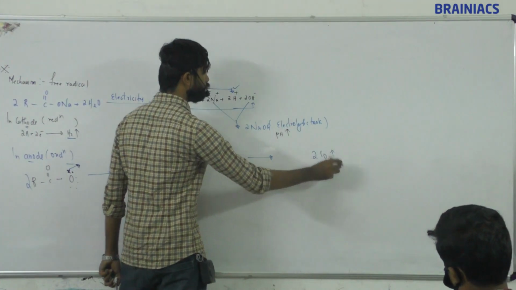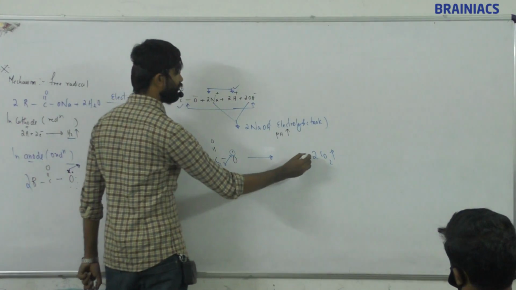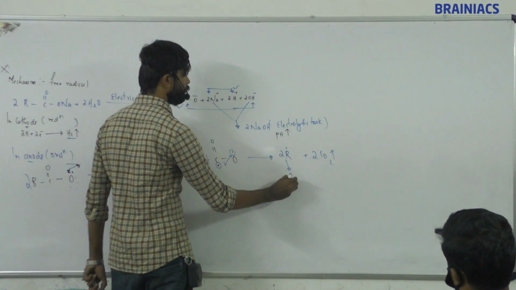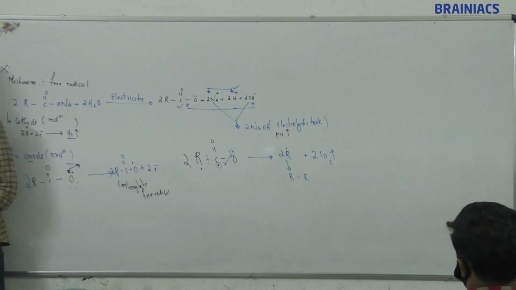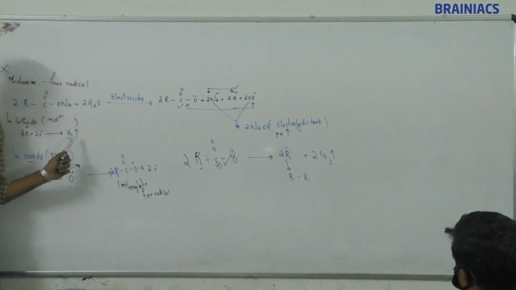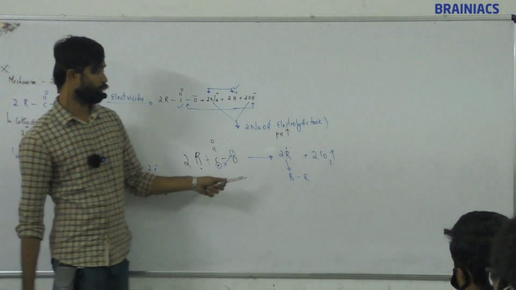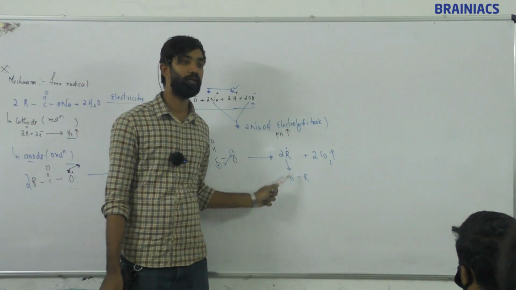How much CO2? 2 CO2. And here we have 2 R dot. They combine to form R-R. So this is the mechanism. Okay, so in your tank you have NaOH. At your cathode you have hydrogen. At your anode you have carbon dioxide evolution along with the alkane.